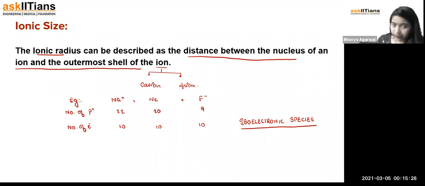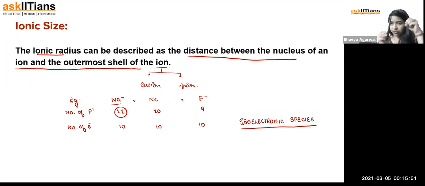Now see, in Na+, there are more protons as compared to electrons. If protons are more, they will have greater nuclear attraction, more attraction. So if these are the electrons and these are the protons, the electrons will be more attracted.